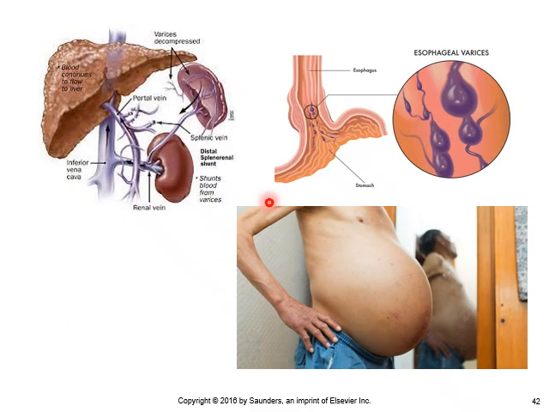So this is the ascites. We would see where the fluid accumulates here in the abdominal cavity. To correct this, the patient will have to have what we call paracentesis, where they would insert a needle and aspirate the fluid that is in the abdomen.